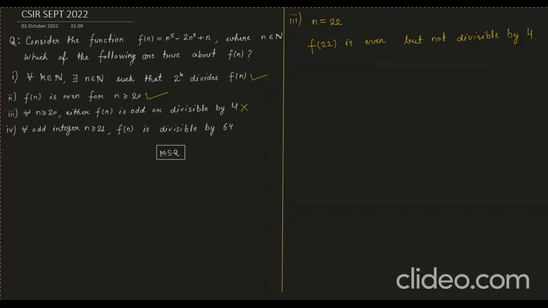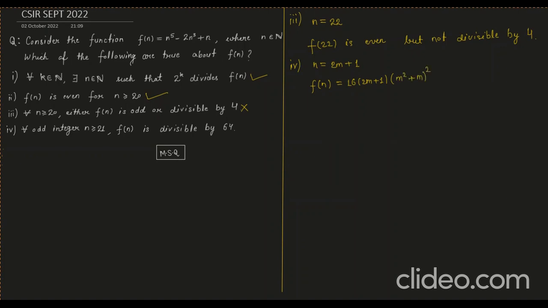Moving on to the last option, the fourth. When I was explaining the second option, there we got, when n was odd, we pick n equals 2m plus 1, and for that n we got fn equals 16 times (2m plus 1) times (m square plus m) whole square, right?